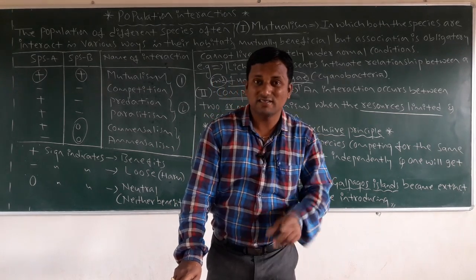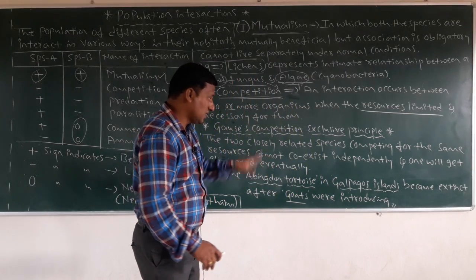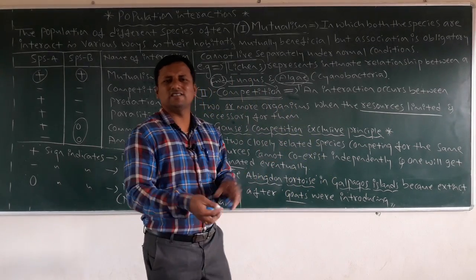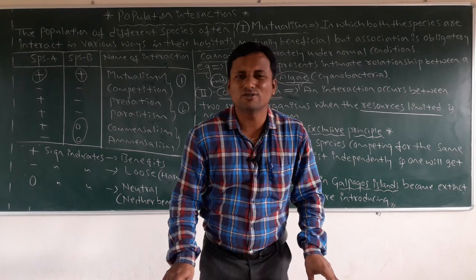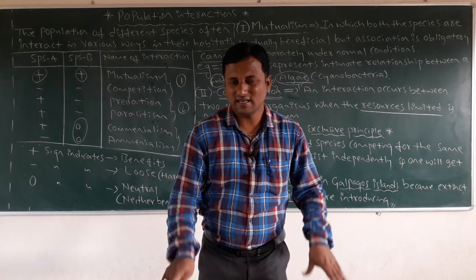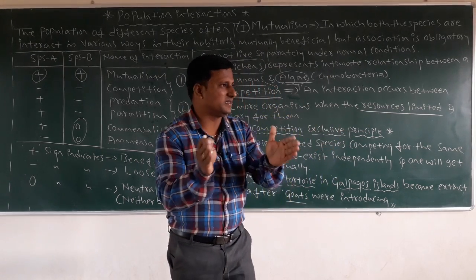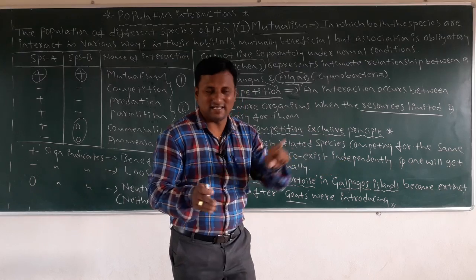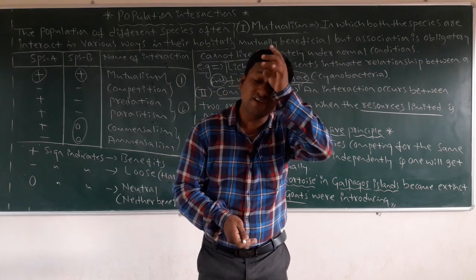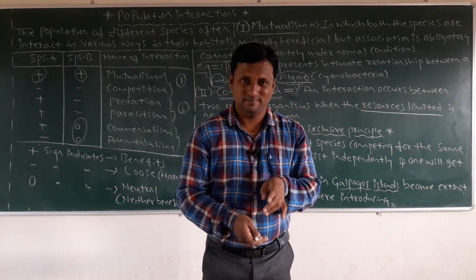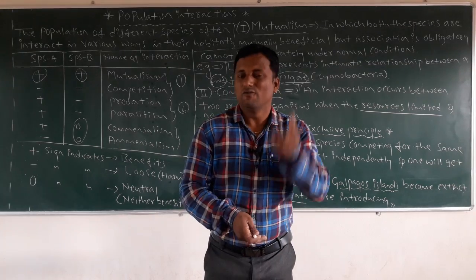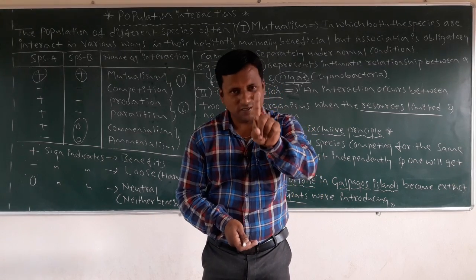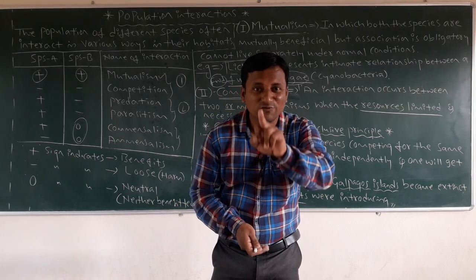Okay, so based on the same resources, what happens? They cannot coexist independently because both are strong, both are dominant. In both the species, one will be superior and the other inferior.